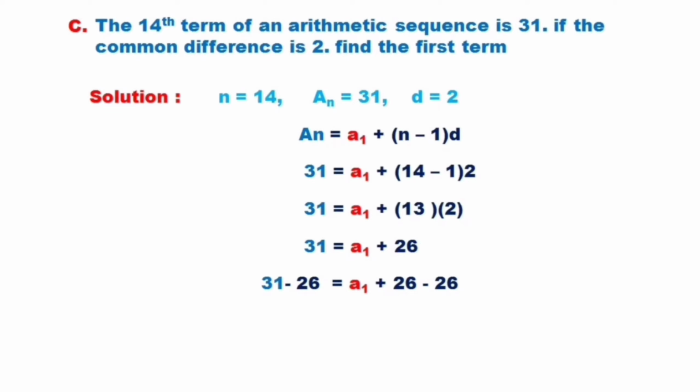Next, simplifying, 31 minus 26 equal 5. On the other side, 26 minus 26 is 0. So what remains is the variable a sub 1. Therefore, our first term, or a sub 1, is 5.